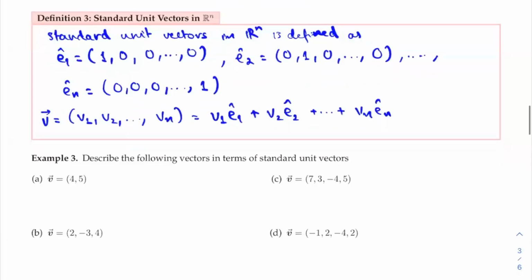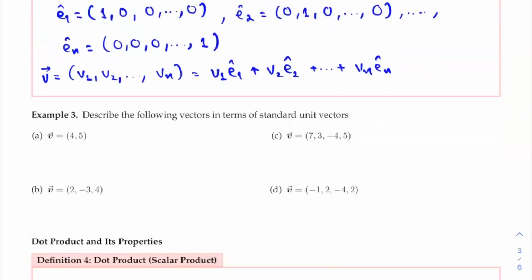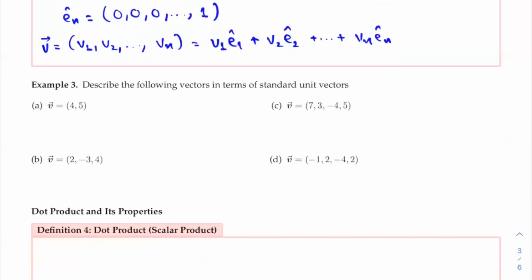All right, so let's do that in example 3. The question is, can you describe the following vectors in terms of standard unit vectors? So for the first part, it is a 2-dimensional vector. Therefore, you write this in terms of standard unit vectors i and j, because this is just 2-dimensional. So v is equal to 4 times i hat plus 5 times j hat.